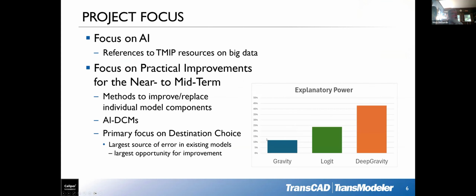I want to acknowledge my collaborators here at Caliper, as well as our wonderful expert panel, especially Francisco, who's been involved in the work. The focus of this project is on near to midterm improvements. So we're not looking at entirely new frameworks for travel forecasting or travel model architectures, but rather, more realistically, opportunities to replace component models within a given architecture, be it activity-based or trip-based.